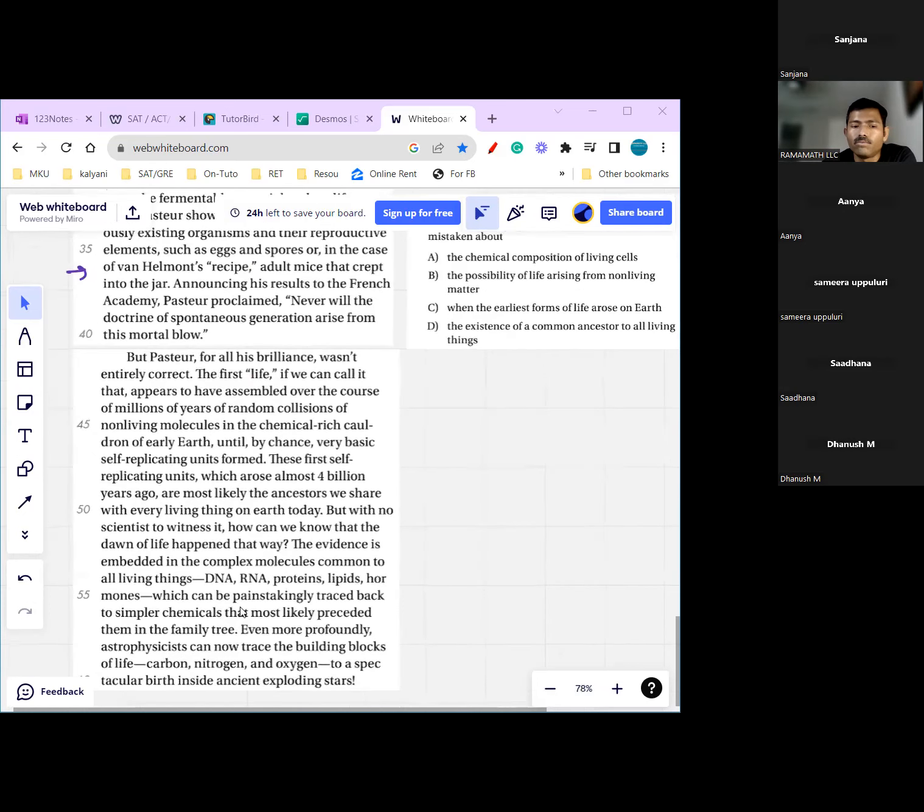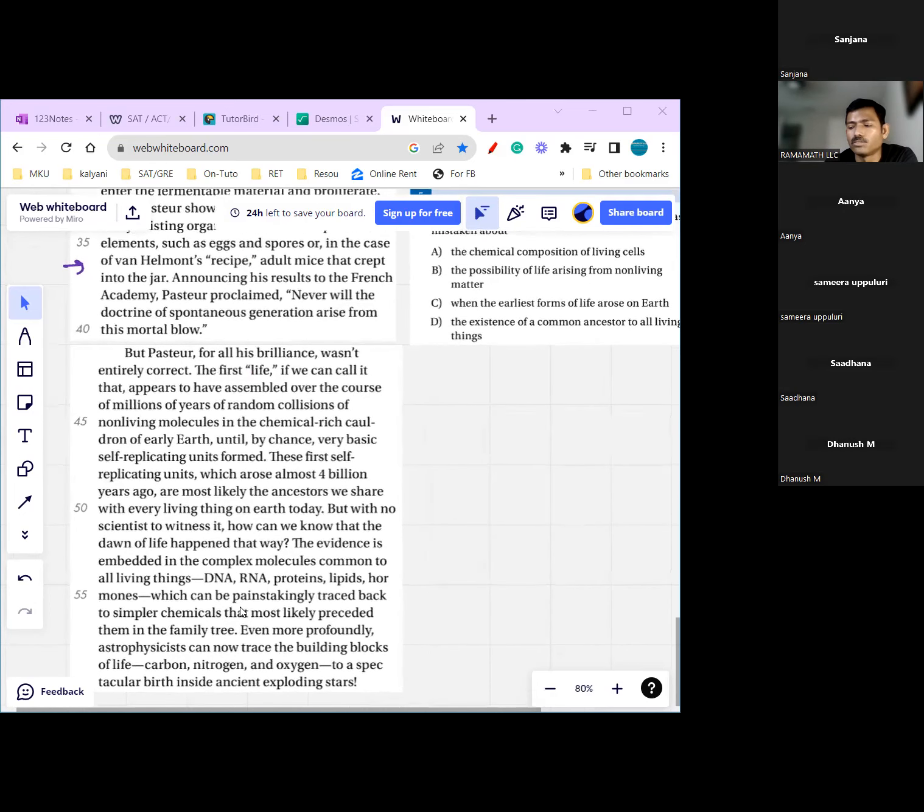Okay, so always support your answers with evidence from the paragraph. You should have read it, and then that supports your reading as well. We'll hold on to this and continue to answer more questions as we go through.